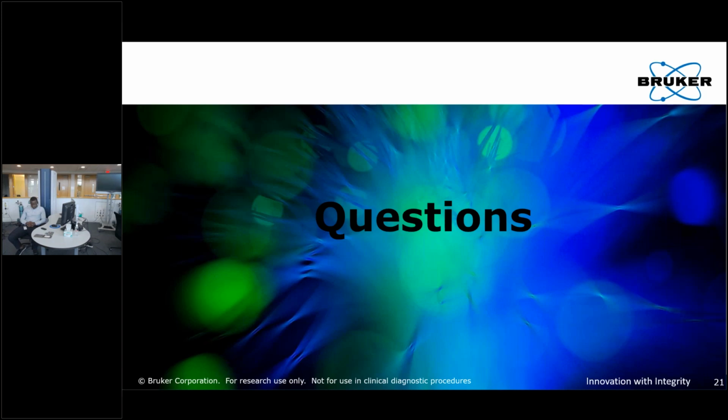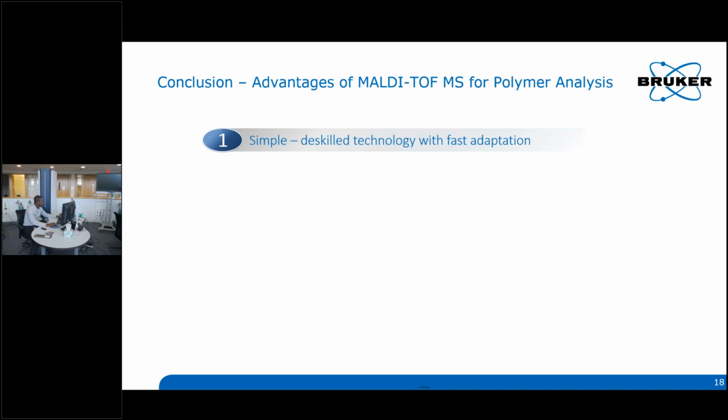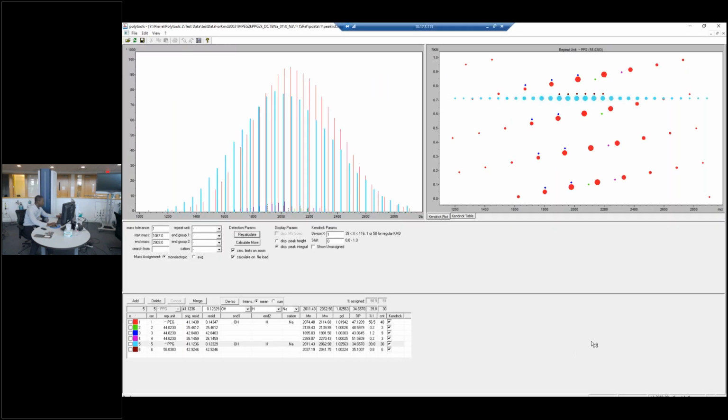Would PolyTools be able to identify a mixture of polymers if they only differ in the end groups? Right, yes. Even if you have the same sample, for example, homopolymers, I can pull up PolyTools one more time.